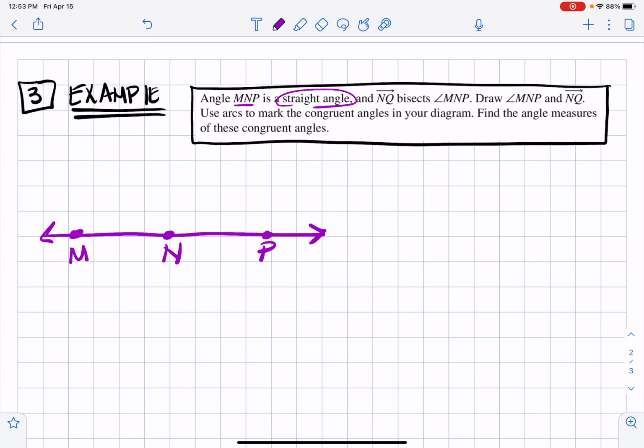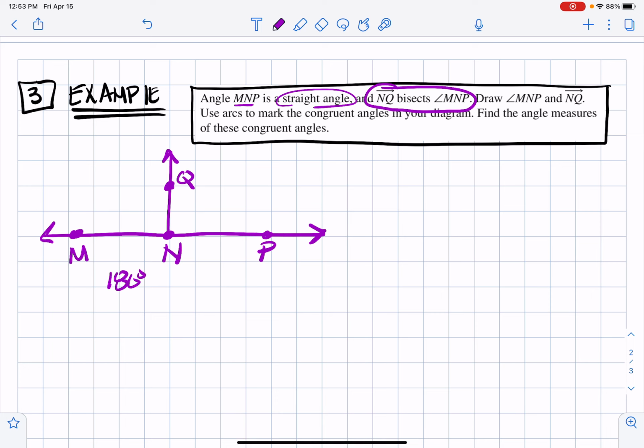And then it says that ray NQ bisects the angle. So here's ray NQ. So I'll have to put Q over here, okay? And it bisects angle MNP. So draw it out. Use arcs to mark the congruent angles in your diagram, and then find the angle measures of these congruent angles. Well, okay, if it's a straight angle, we know straight angles are 180 degrees, right?